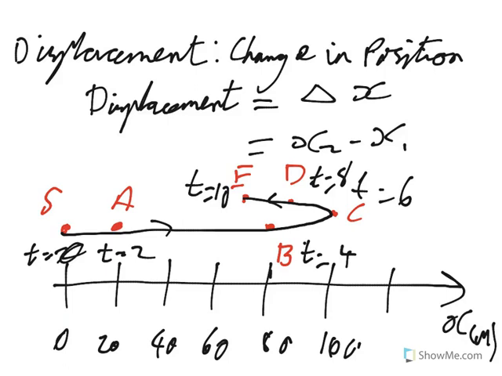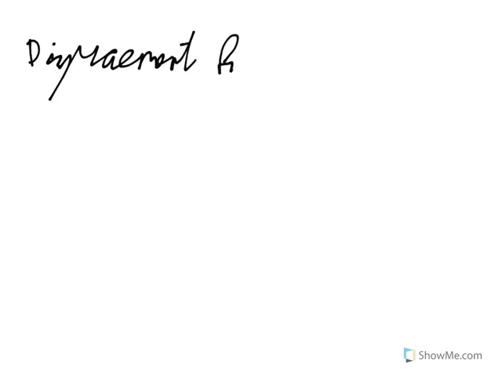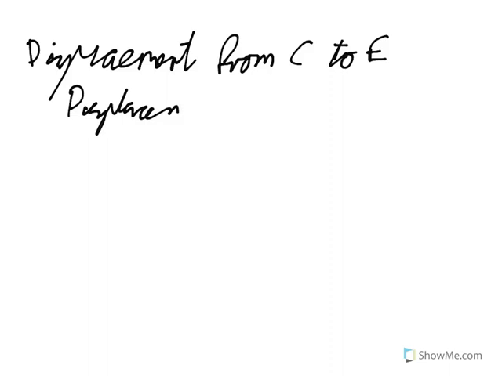So, for example, displacement from C to E. So our displacement is x2 minus x1, where it ended up minus where it started.